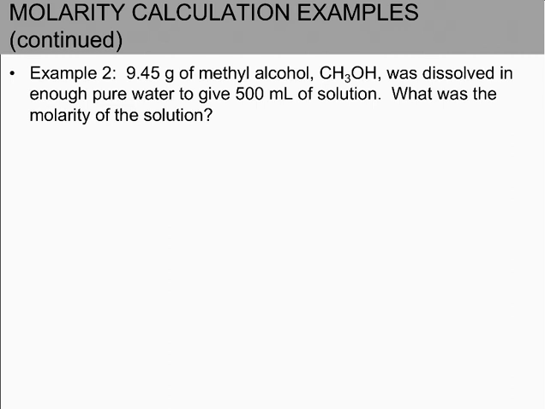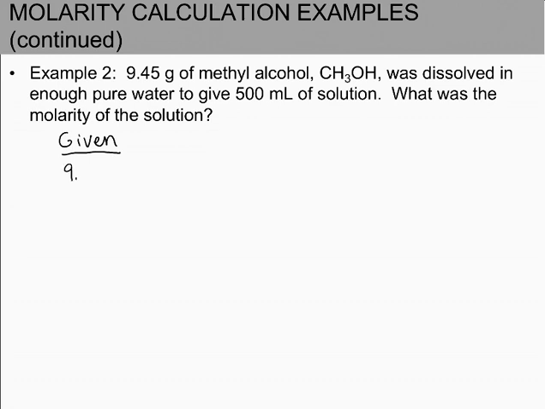So in this example, 9.45 grams of methyl alcohol, which has a formula CH3OH, was dissolved in enough pure water to give 500 milliliters of solution. What was the molarity of the solution? Let's start out by writing what we're given again.